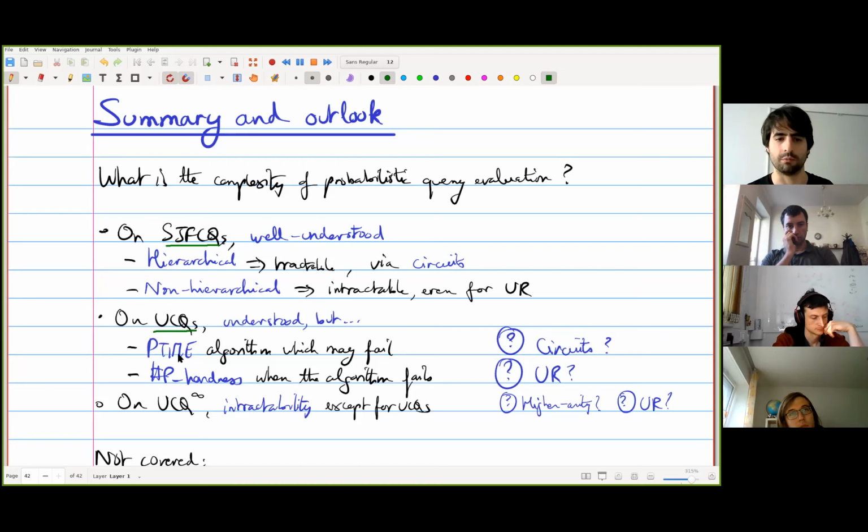UCQs, I skipped them, so it's understood in the sense that there is a known dichotomy result, so the tractable ones can be solved with an algorithm, and whenever the algorithm fails, the query is hard. But the proofs are very complicated, and the tractability is not explained in terms of circuits, and it's open whether it can be.